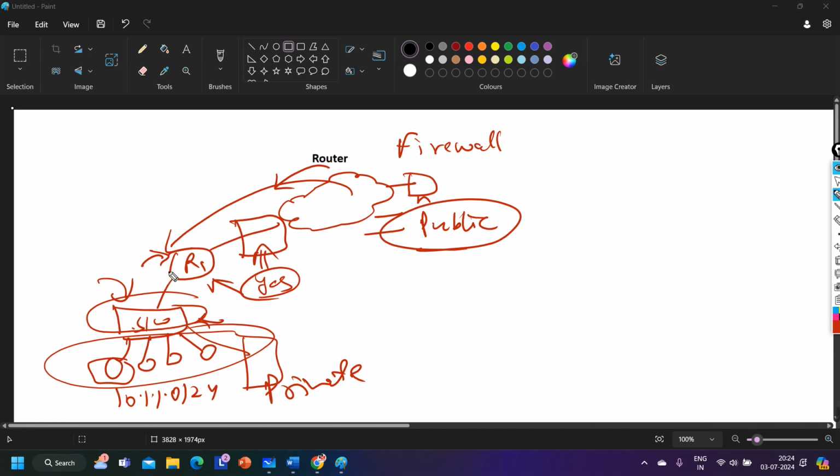We'll see all of those. For now, the main purpose of a switch is switching. The main purpose of a router is routing. And the main purpose of security is the firewall. Yes, we can configure ACLs over here, even create policies over here, but not like a firewall.